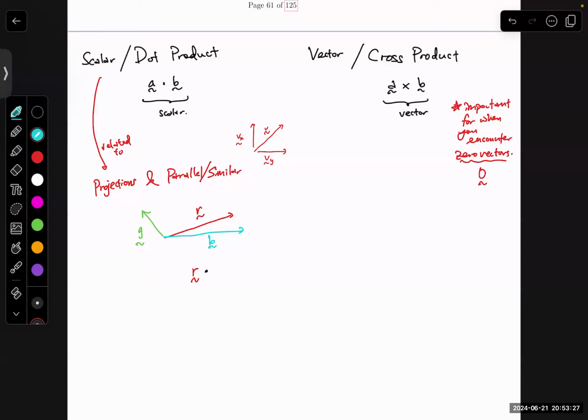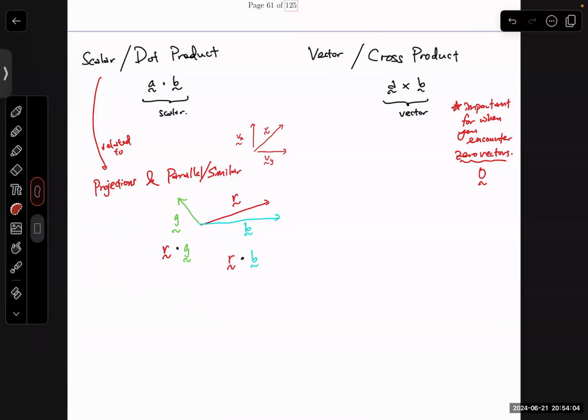So R dot B versus R dot G, these two dot products. Whatever the answer is, it somehow tells us how similar vectors are. It tells us how close to being parallel they are. So I want you to bear this in mind when we go and evaluate what dot products are.